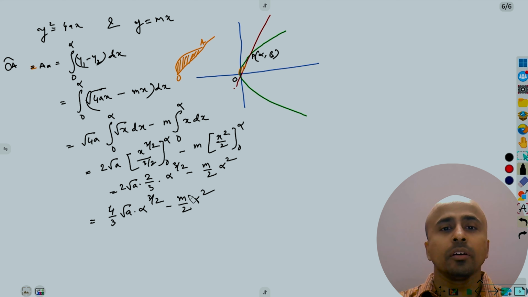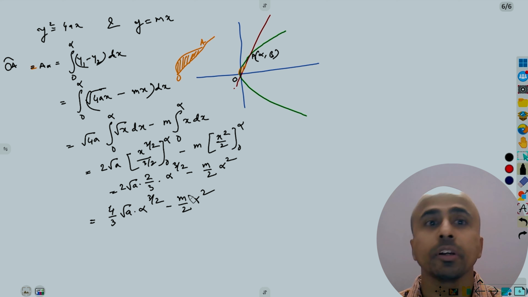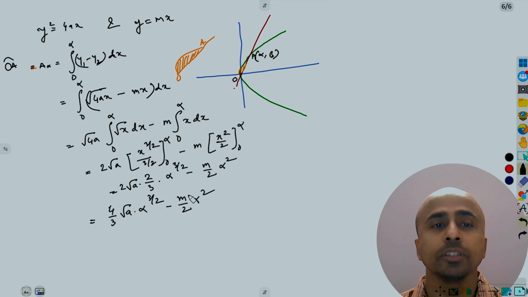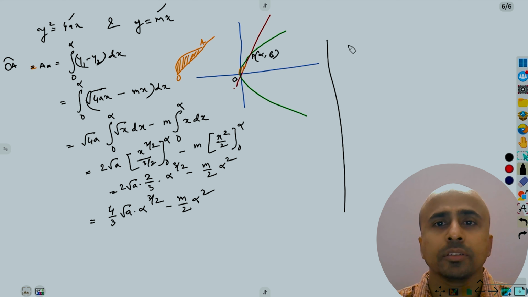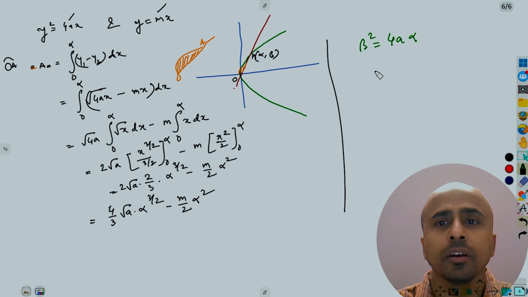Now we don't know alpha, we have to evaluate alpha. We have to get the answer in the form of a and m, because these two values are given. The same method as we did: since (alpha, beta) is the intersecting point, beta square equals 4a alpha and beta equals m alpha.